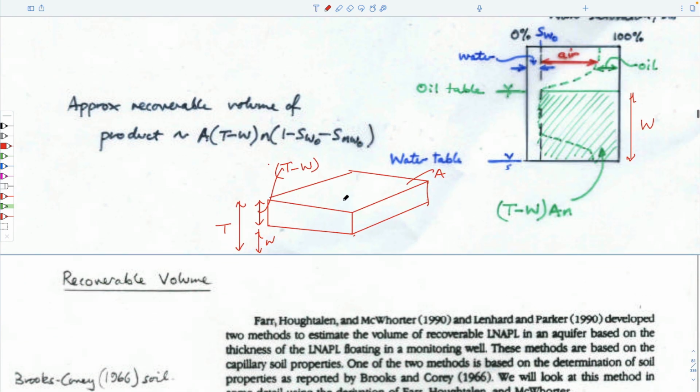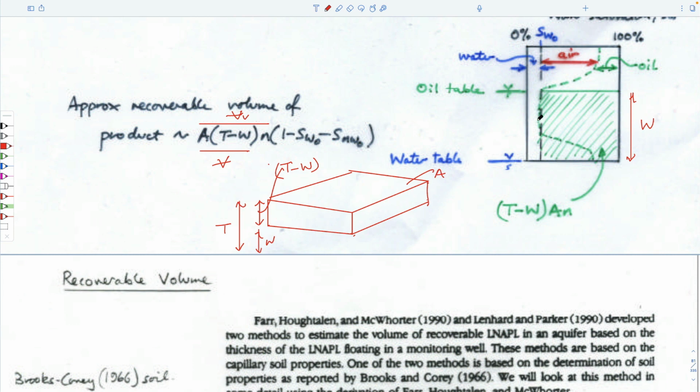And it's multiplied by, so this together here is a volume. This volume multiplied by porosity would be the void volume. And the portion of the void volume that's taken up by this is 100% of the void volume minus the irreducible saturation of water.